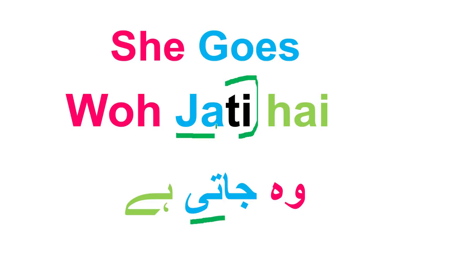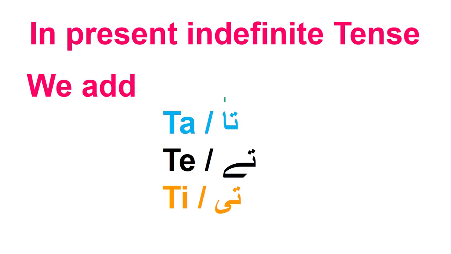So today I will teach you what is ta, te, ti and how we can use the verb go and come in present indefinite tense. Very first, in present indefinite tense we add ta, te, ti in the root of the verb.